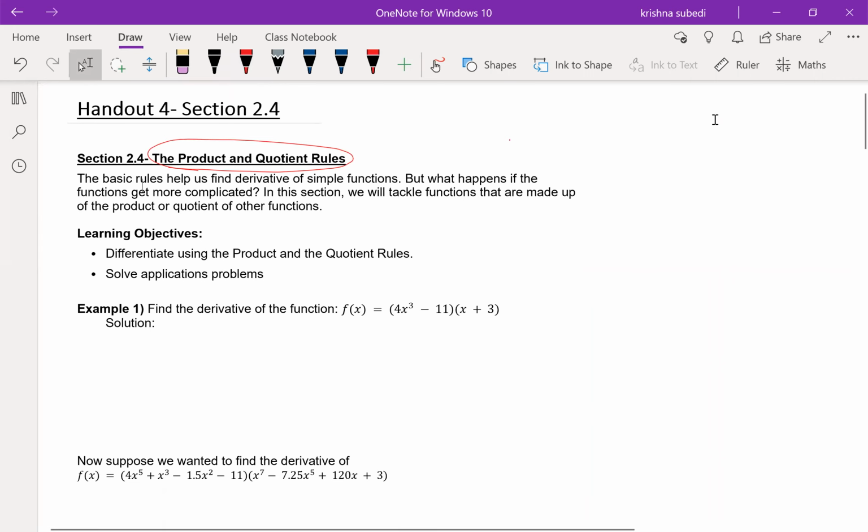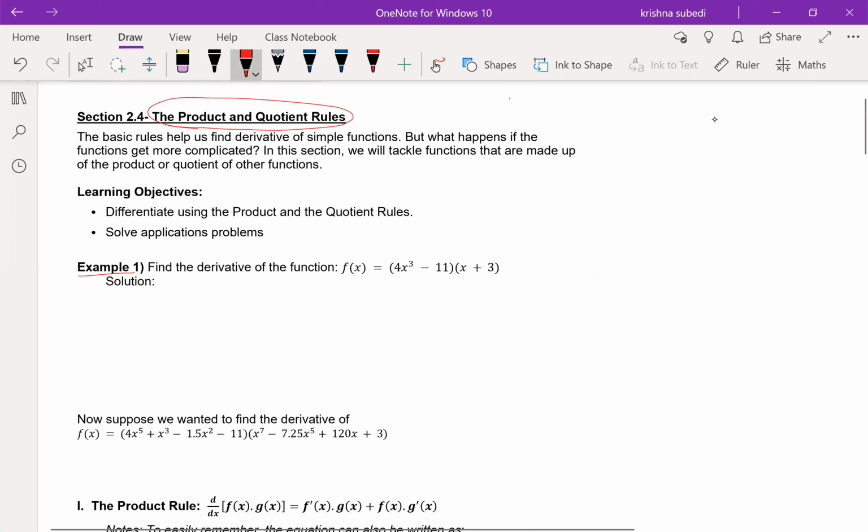For example, example 1: find the derivative of the function f of x equals 4x cubed minus 11 times x plus 3. One way of doing this is to multiply these two factors, which will give you 4x to the power 4 plus, if you simplify it, 12x cubed minus 11x minus 33.